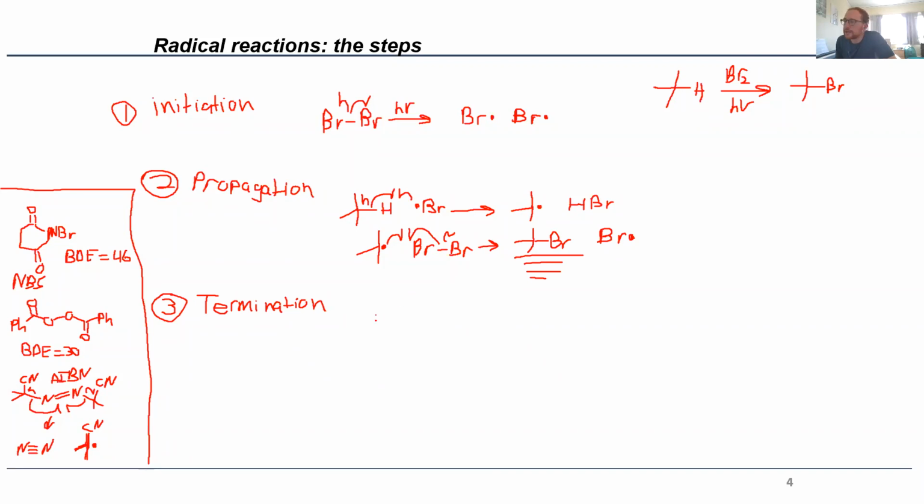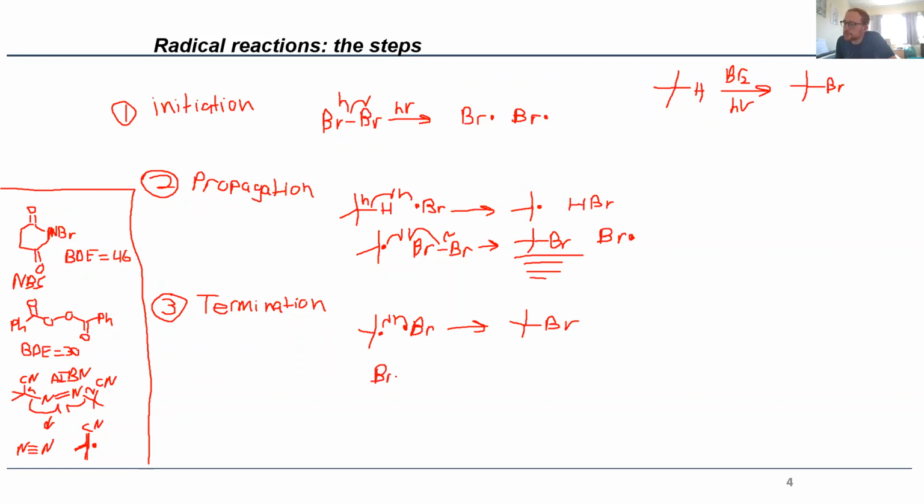An example of a termination reaction here would be a combination of the tertiary alkyl radical with the bromine radical to give the product. Now, this delivered our product, but it stopped the chain. So this is a useful termination reaction, but ultimately would slow down the reaction overall.